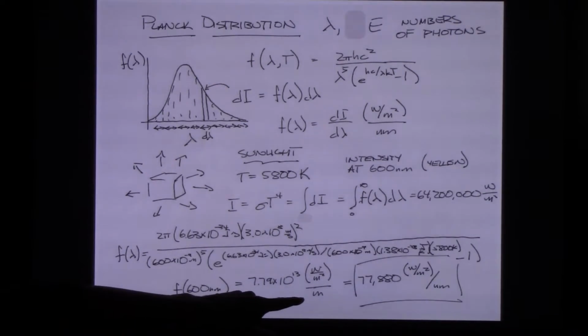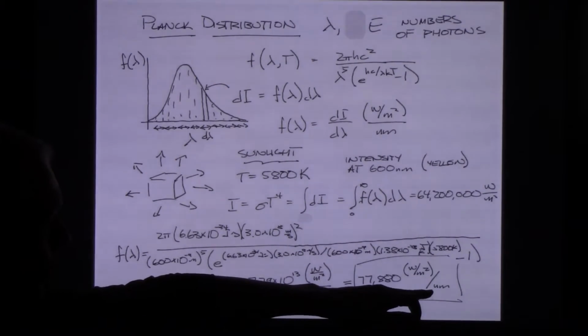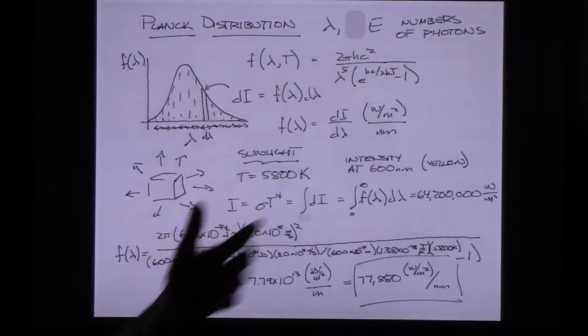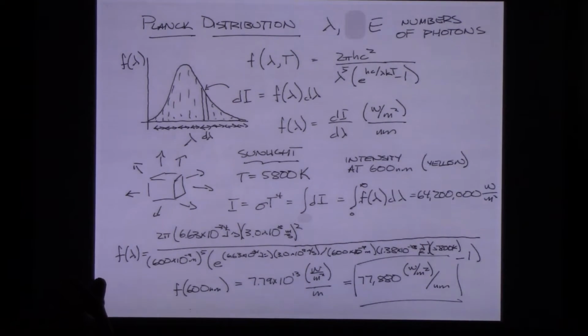And then I wanted to work in terms of wavelengths in nanometers. So I want to compare what's the intensity at 600 nanometers, what's the intensity at 601, 602, 603.